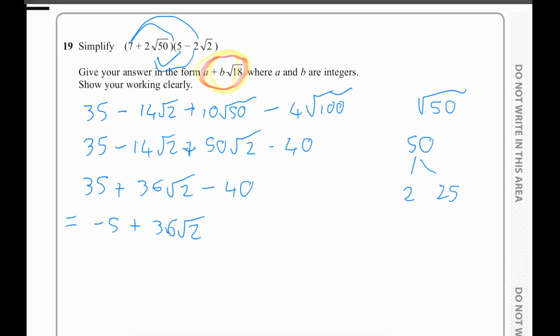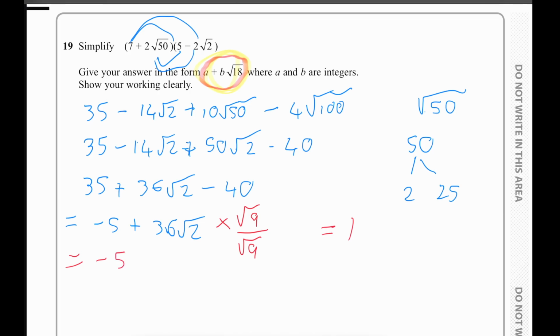So to get root 2 to be root 18, you can just think of it as, okay, I need to times 2 by what to get 18? I can see that I'm going to times it by root 9. And in order to make it so that I don't change my formula, I'm going to times it by root 9 over 9, which is the same as 1.